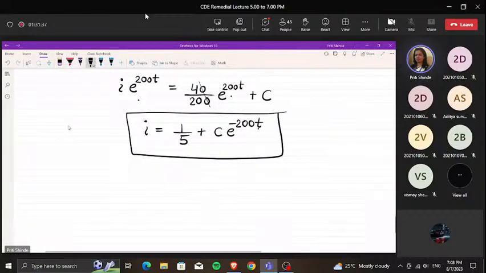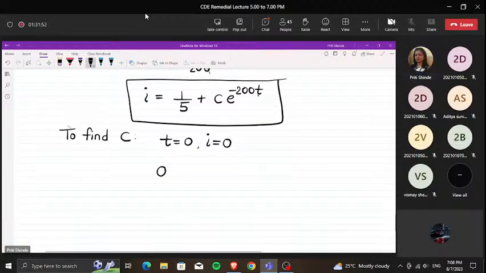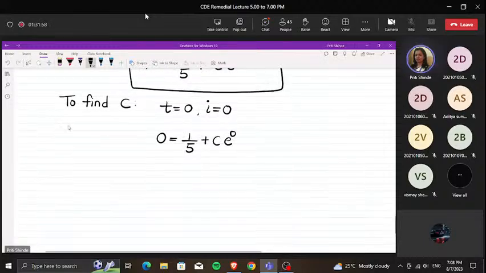Now the last part remaining is to find the integration constant. Initially, when time is equal to 0, current is 0. So replace these values. E raised to 0, any non-zero number raised to 0 is always 1. So c is equal to minus 1 by 5.